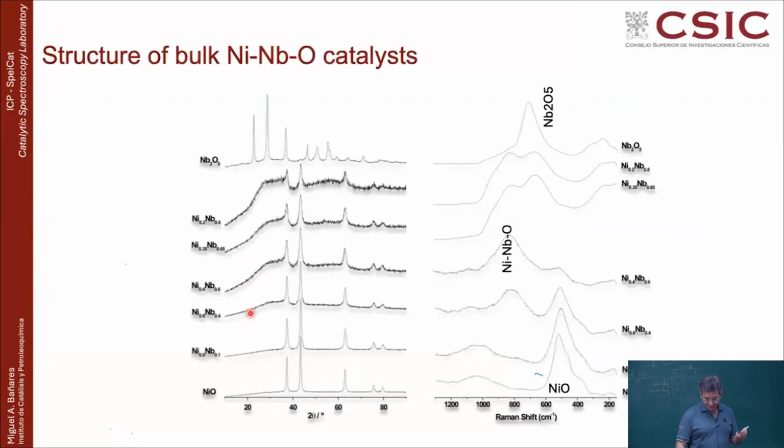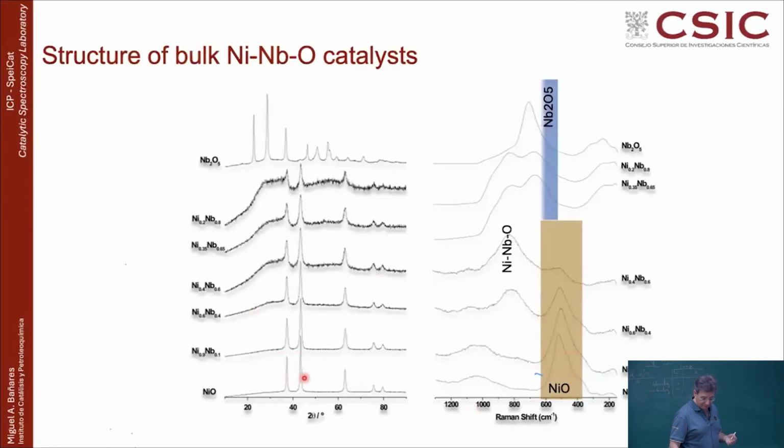And the interesting thing of this system is that after calcination, you will get different phases. Of course, if you are dealing with pure nickel, basically you get the Raman bands of pure nickel or the diffraction pattern of pure nickel. If you have pure niobia, you will get the Raman bands of pure niobia or the diffraction pattern of pure niobia.